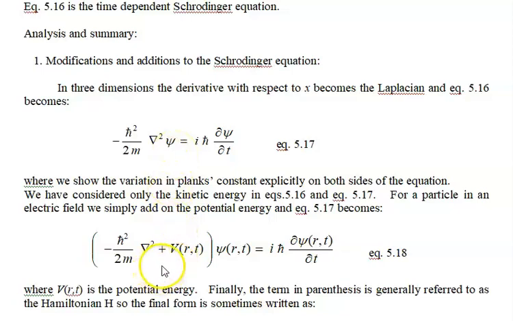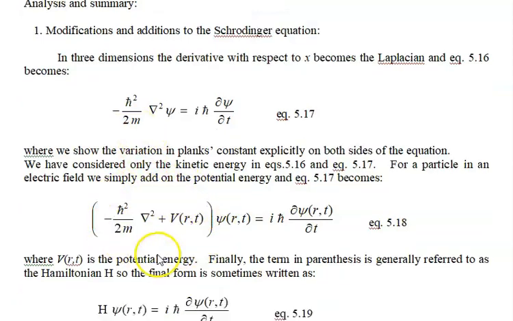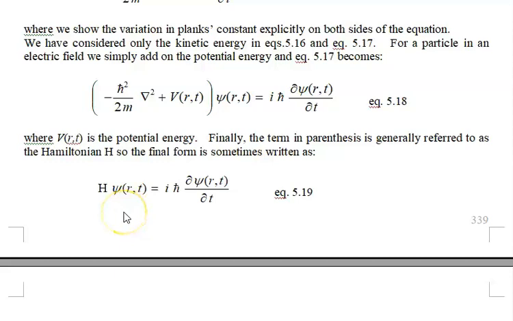And also, another modification is that this term here is associated with the momentum, with the kinetic energy, because del is associated with momentum, and generally then we'll add in the potential energy, and so we have a more complex term on the left-hand side, and all of this stuff in the parentheses we call the Hamiltonian.